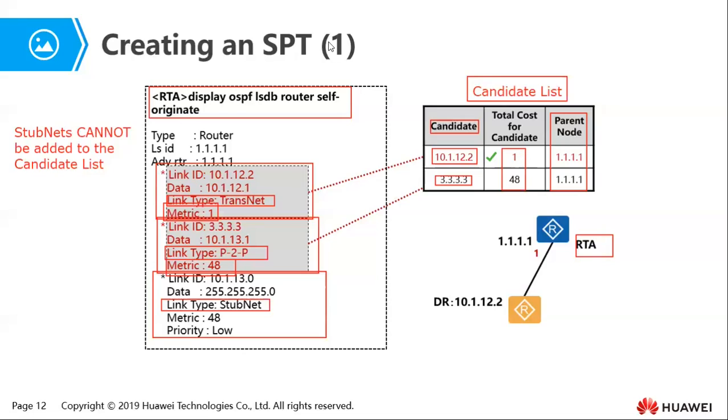If you look at our topology, the one I told you to take a photo of, RTB is the DR, and whoever advertised this is the DR. So they're going to be added on the SPT as a pseudo node, a virtual node, because they're a DR. That's why they're using a different color here.